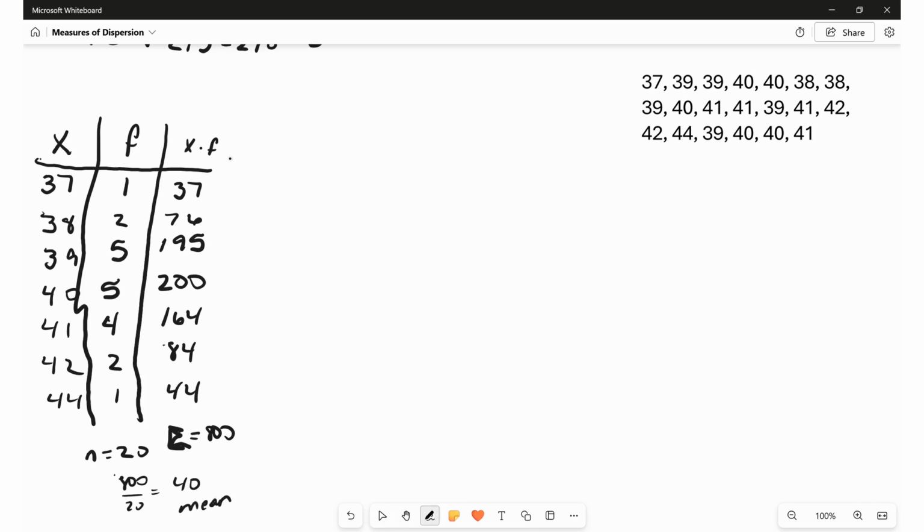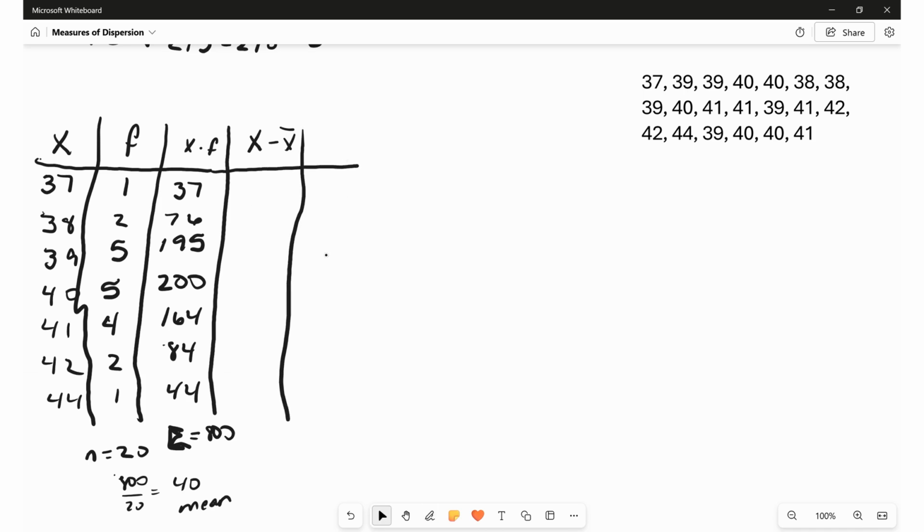So now what we want to find out next is, what is the deviation from the mean for each of these data values. Okay? So recall that we want to take the data point and the mean and subtract them.